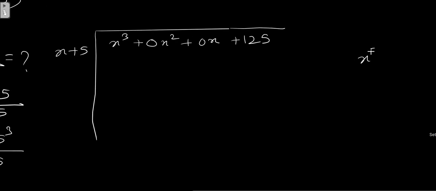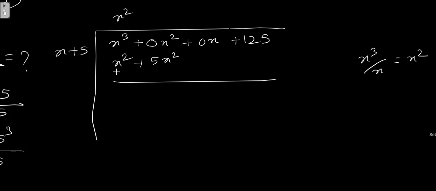Then divided by x plus 5. When x cube is divided by x, it will give x square. Then using x squared, multiply: x squared into x, x cube. X squared into 5, 5x squared. Remaining are nothing. So take minus minus.